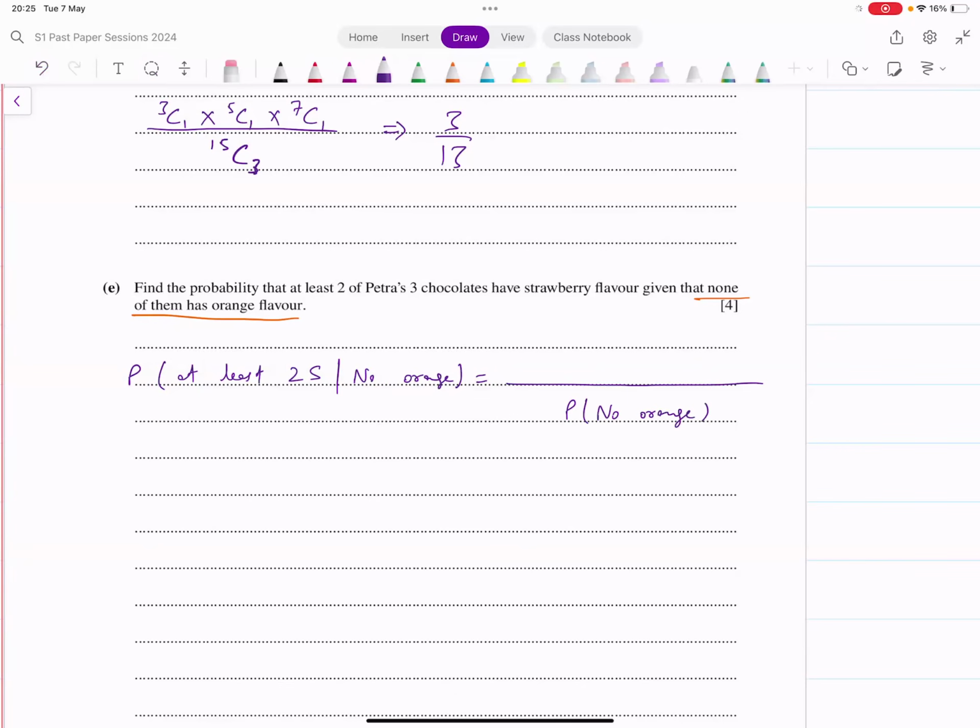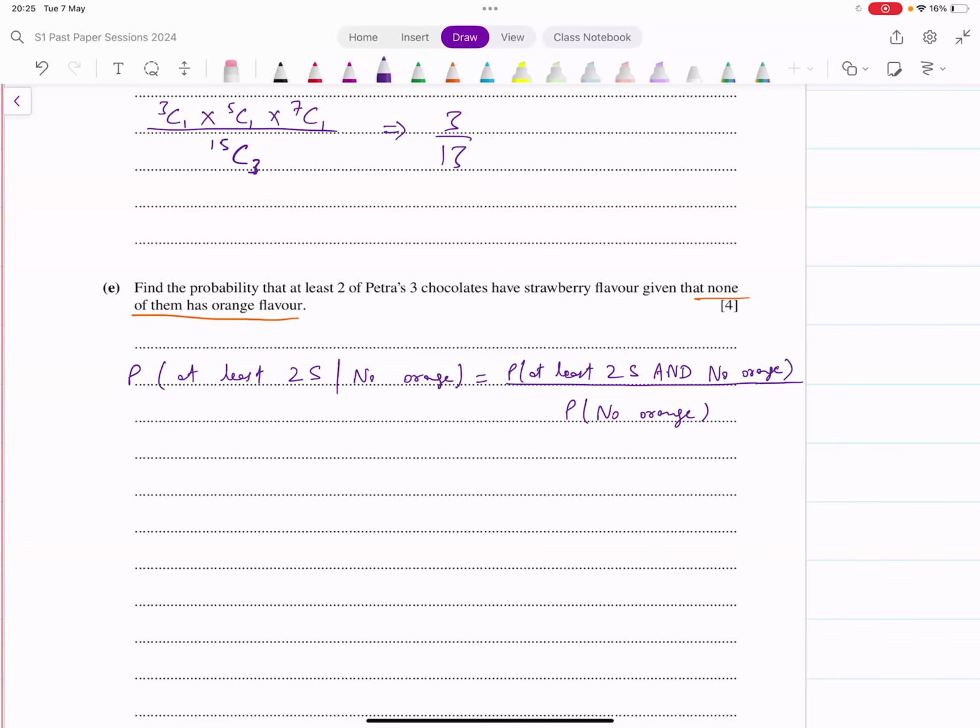And in the numerator, we have what is common to both of them: the probability of both of these conditions being true at the same time, their intersection basically. Probability that you have at least 2 strawberry and there are no orange chocolates.